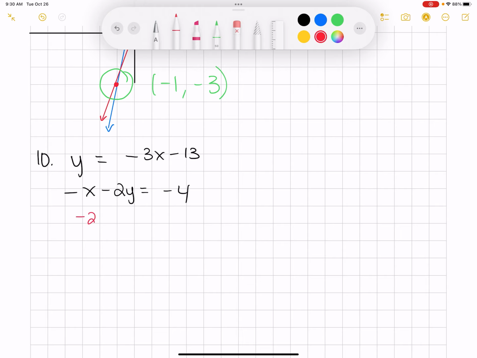So -2y is equal to x minus 4, and then I need to divide by -2, so y is equal to -1/2 x plus 2. So that's my new second equation. Those are my two equations that I'm actually graphing. Now, since this goes down so far, I'm going to start it over here.